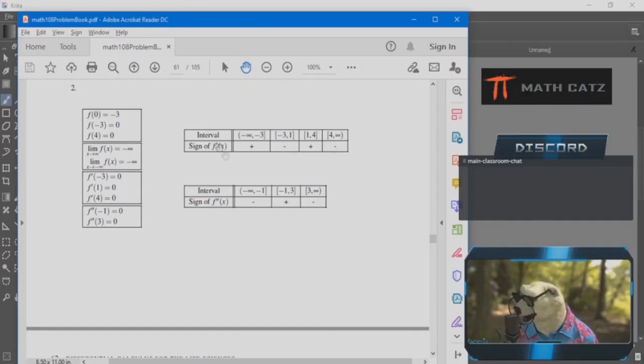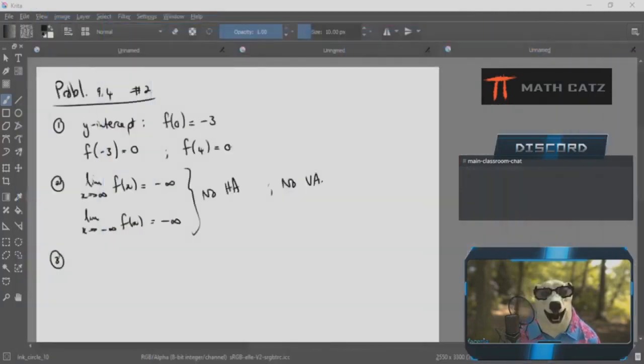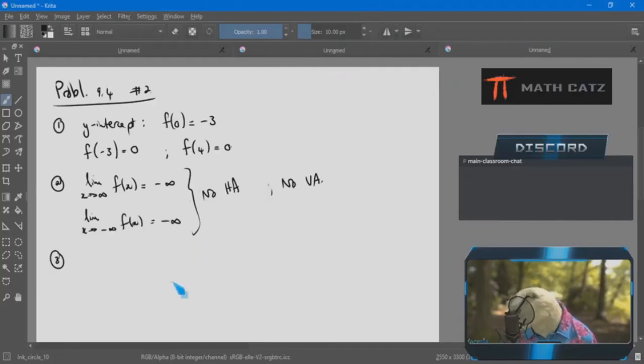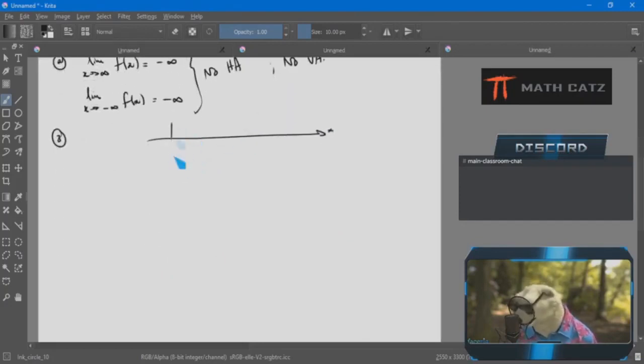So now I'm in the increasing decreasing behavior step, and I need to see that table. I like to copy the table, to make it look more familiar. So let's do that. There's my number line. They don't show me the detail, but they tell me I need to split this up according to -3, 1, and 4.